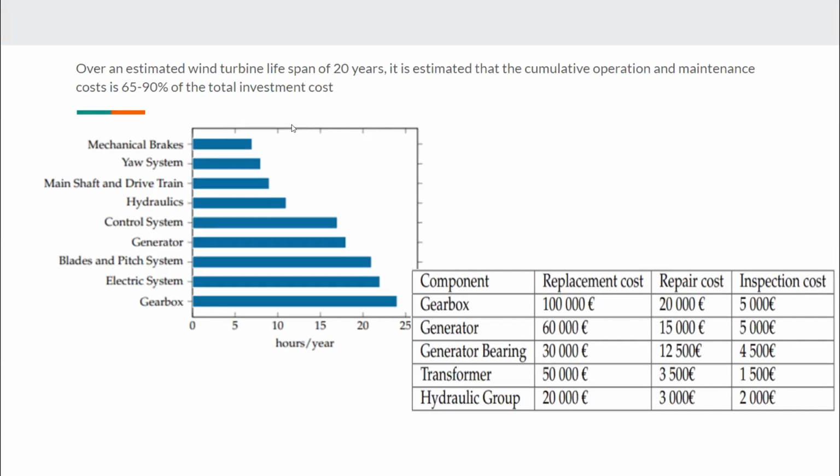In one research article I saw which components take huge downtime for repair or inspection. It starts from the mechanical brake, yaw system, drivetrain, hydraulic control system, and ultimately the major one is the gearbox, which takes huge downtime of around 25 hours per year.